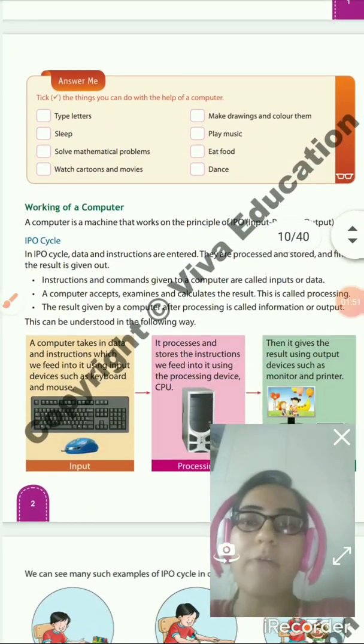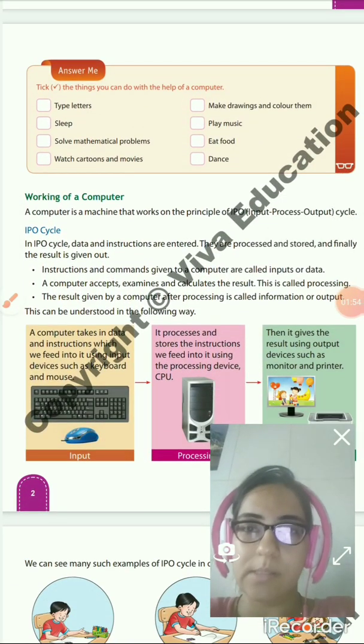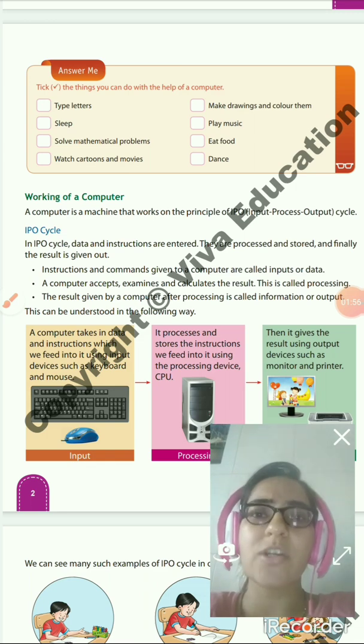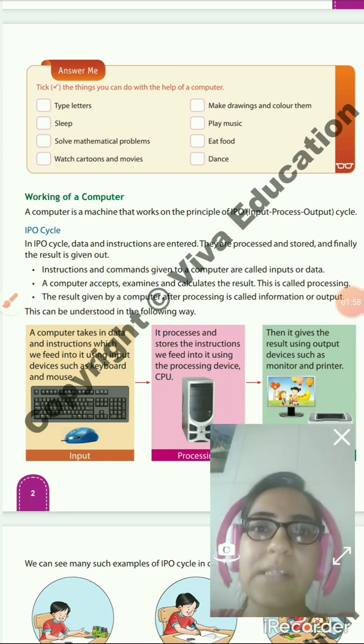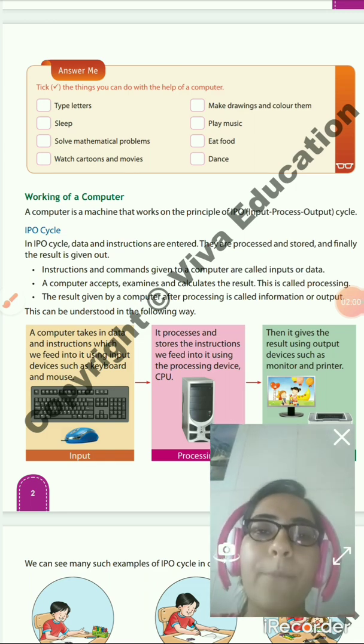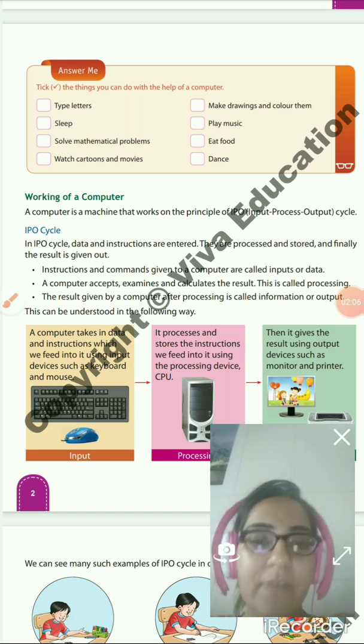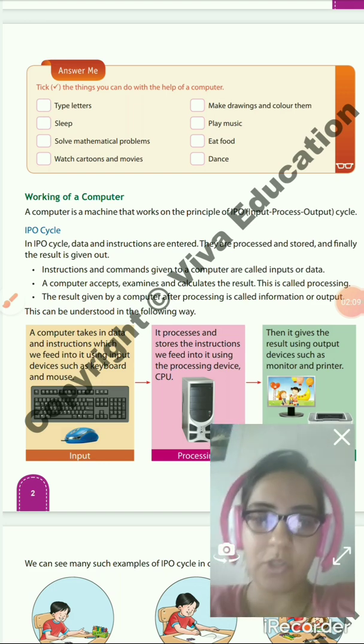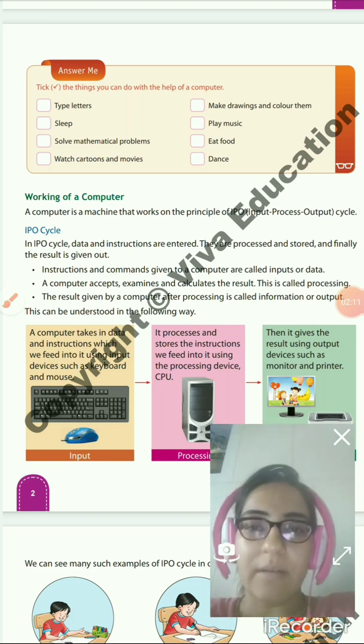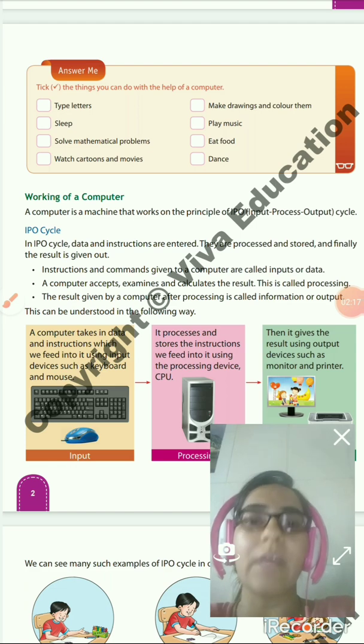Now, working of a computer. How does a computer work? A computer is a machine that works on the principle of the input, process, output cycle. What is the input, process, output cycle? Let me explain in very simple language. When you enter anything using a keyboard or a mouse, that is an input you are giving.